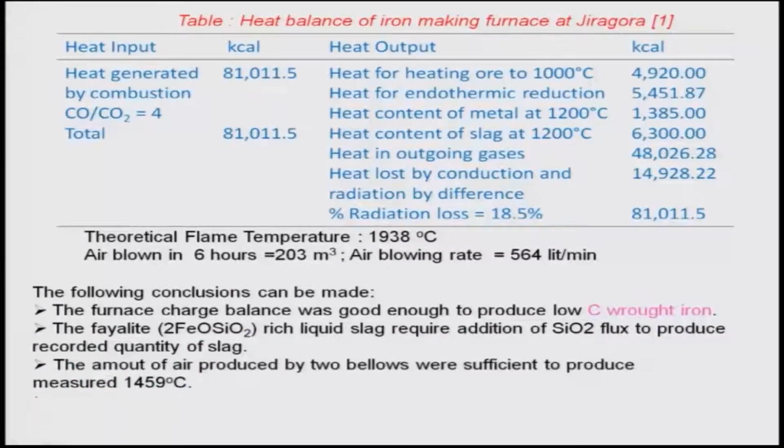And of course, people have done various heat balances of the iron making furnace at Jiragora. This is a recent work, where people are trying to follow the ancient procedure. They have done all this calculation, with CO, CO2 ratio 4, and carried out a heat balance: 4920 kilocalories of heat for heating the ore to 1000 degrees and something, 5451 kilocalories for endothermic reduction.